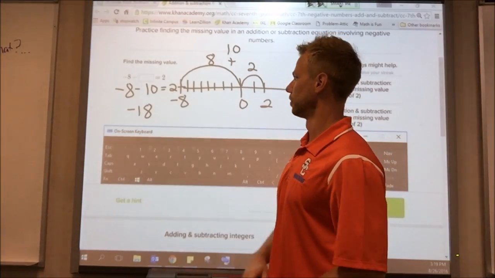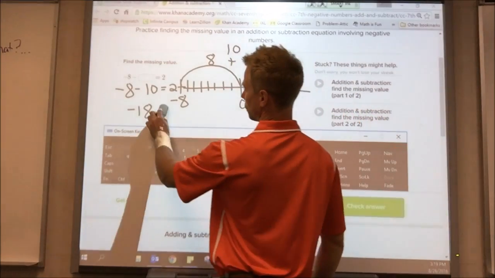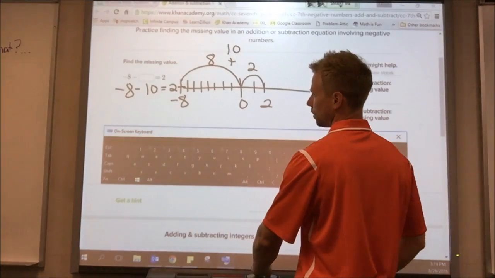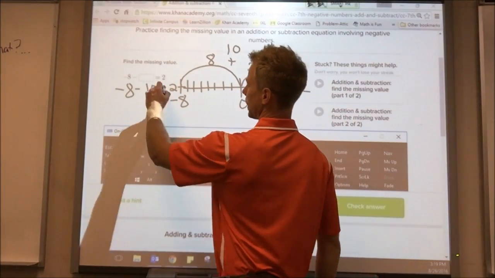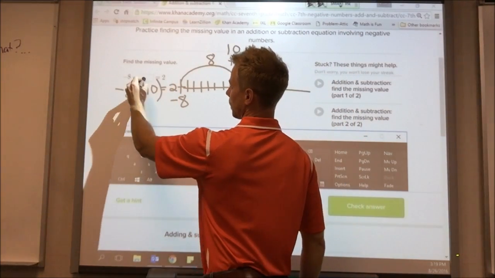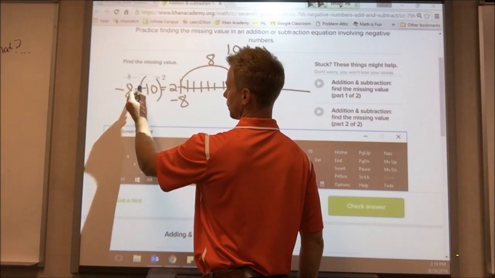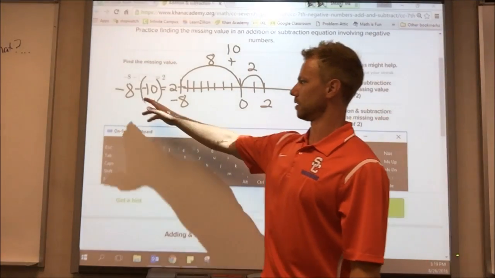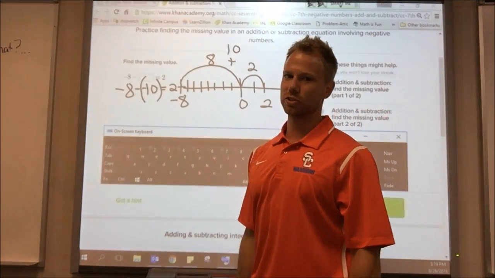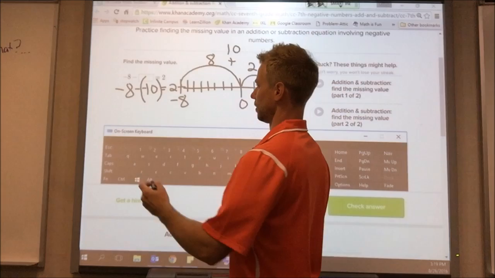I need a 2. So I need to change this so it's actually going in the positive direction. And how do I change that? I change that by adding a negative right there. Because now 2 negatives right next to each other makes a positive.